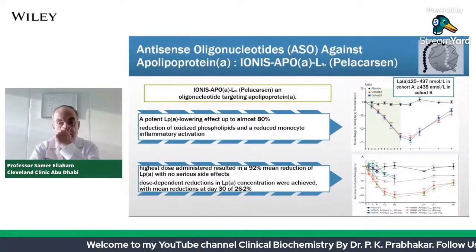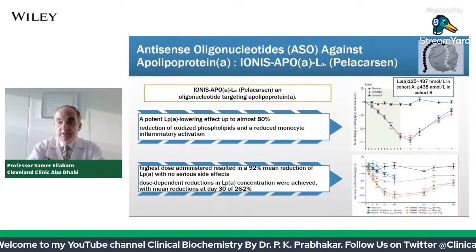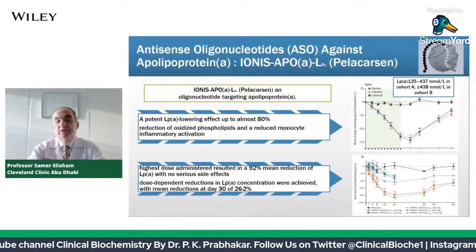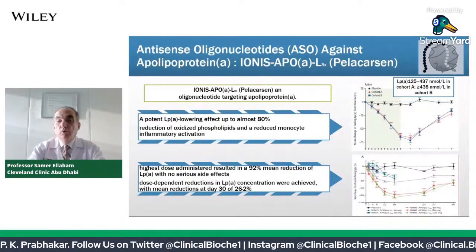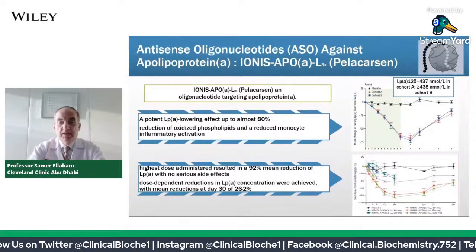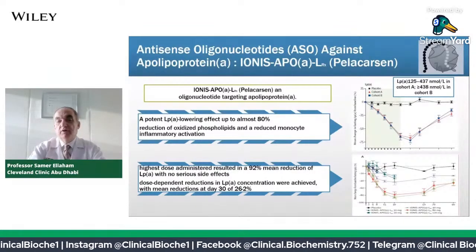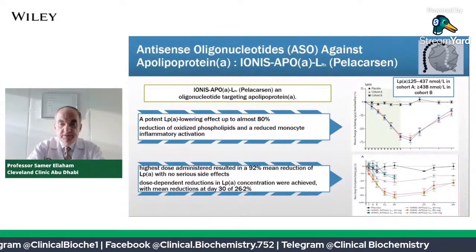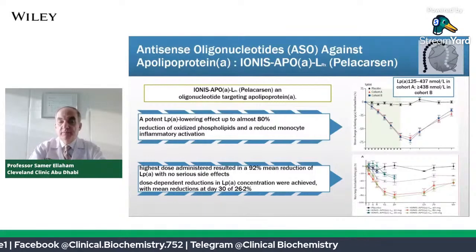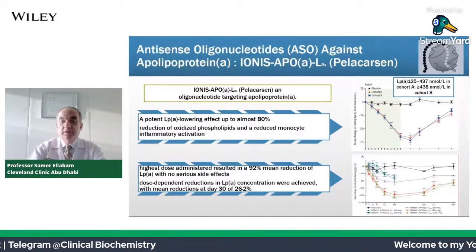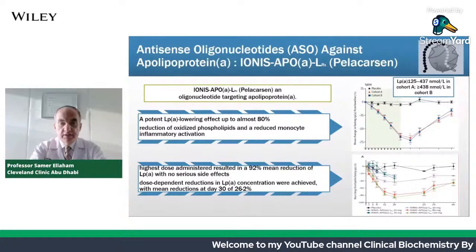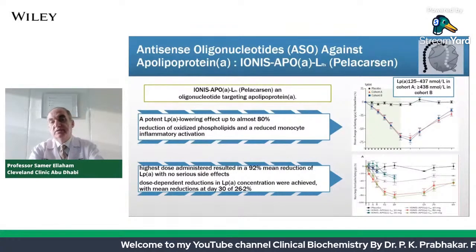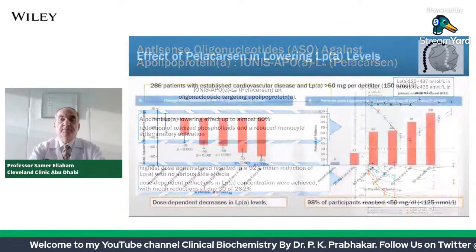And you could see, as the slide shows you, very interesting data, initial data at least, where this potent Lp little a lowering agent can lower almost by 80%. And this will cause a reduction of the oxidized phospholipids, the ones that cause the inflammation, reduce monocyte inflammatory activation, and very interestingly, lowering of the Lp little a to really very low values. And again, ongoing trials are there, and please remember ASO, antisense oligonucleotides.